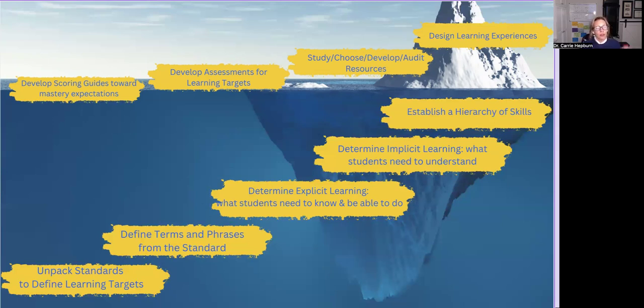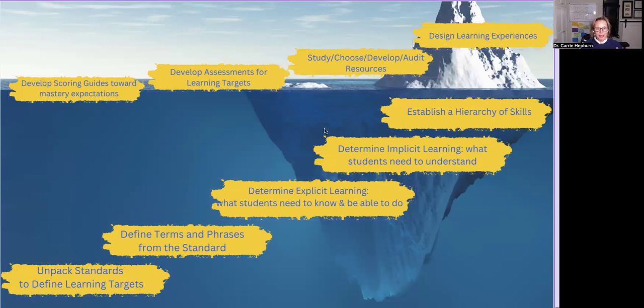And for those of you that are here with me today, what's great news about that is you don't have to do that work alone, because the comprehensive standards guides have already done all of the foundational work that's below the surface. Now you're going to be able to take all of that, for every single English language arts and every single math standard, K-12, all vertically aligned, all terms defined, and focus on all of these things that impact student learning.